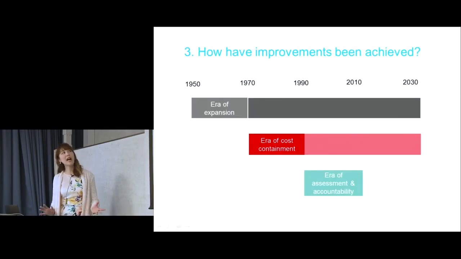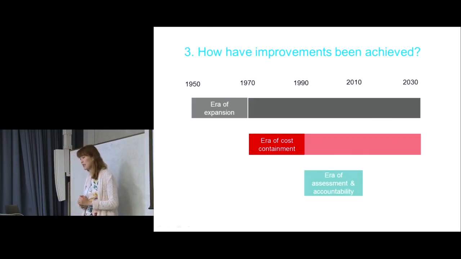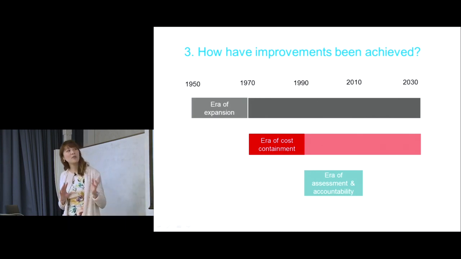So, how have improvements been achieved? I think this is looking at how science has contributed to the improvement of healthcare, health services. And Arnold Relman, who was the director of the New England Journal of Medicine in the late 80s, wrote a really helpful article of what has happened to date at the time.